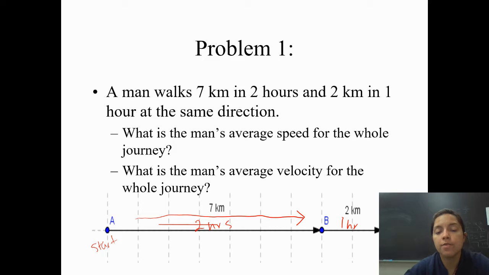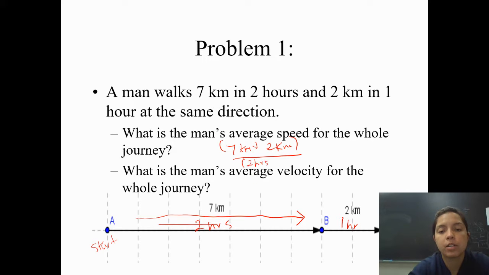Okay, pause the video and go ahead and do that. Remember, when you're doing average speed, you're going to add those distances. So you're going to add the 7 kilometers plus the 2 kilometers divided by the sum of the time, right?